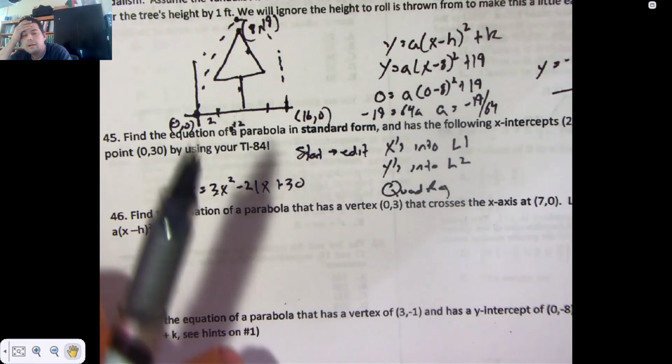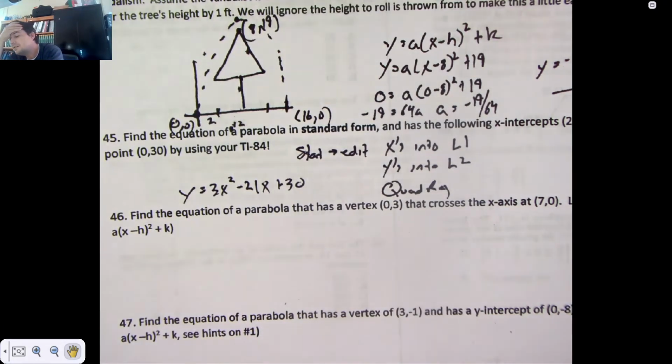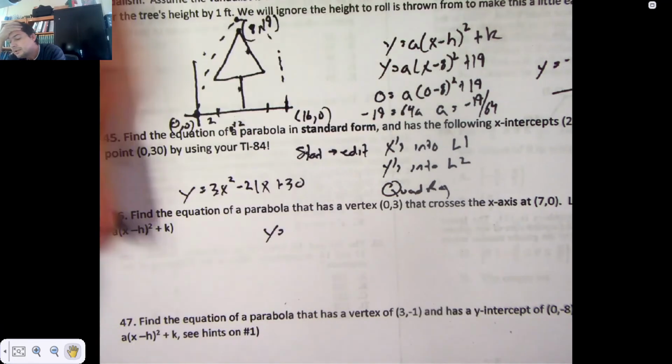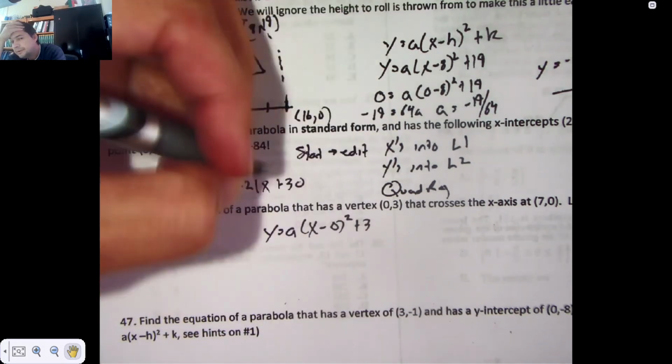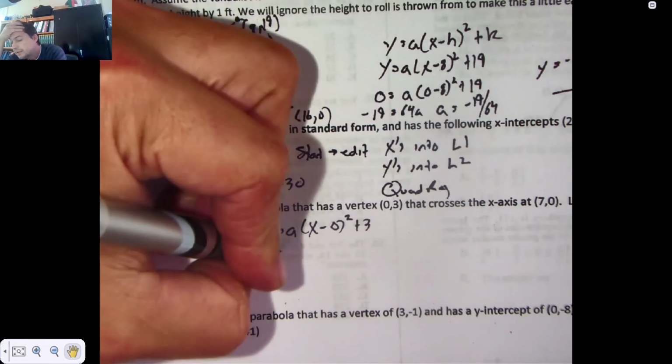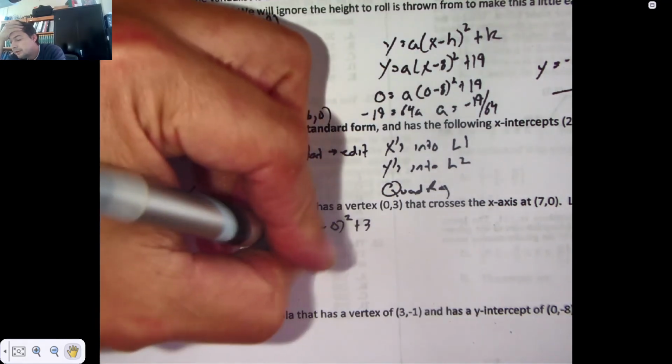Find the equation of a parabola that has a vertex at 0, 3 and crosses the x-axis at 7, 0. Leave it in vertex form. Okay, so what we have here is a vertex and then a given point. Starting off, we're plugging into a times x minus h squared, so a times x minus 0 squared plus 3, which cleans up, x take away 0 is just x, so this is ax squared plus 3.